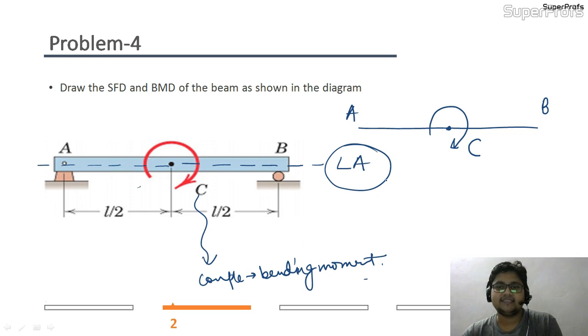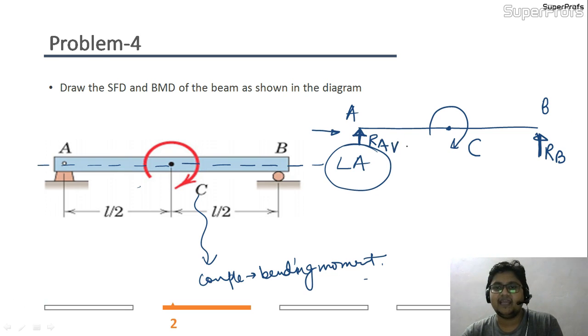So the first task that I have in my hand is to draw the free body diagram. Suppose at this end I draw a reaction which is of magnitude RA, and here I draw RB. Now I am not showing you the horizontal direction in the hinge just because it's not the problem.